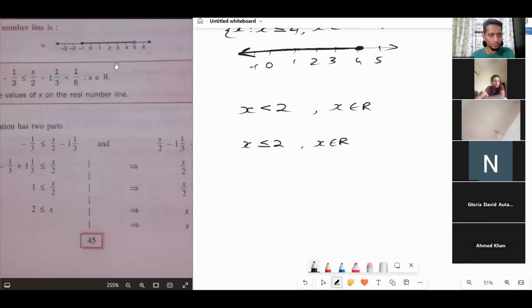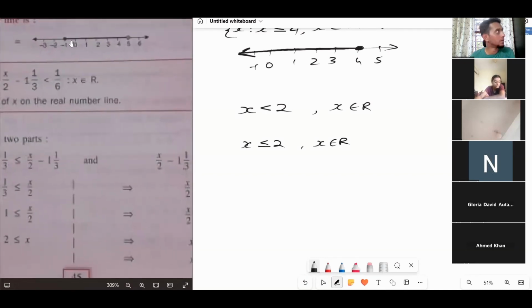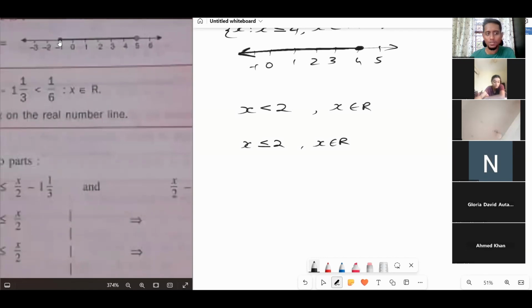Okay, here. Look at this and tell me. It's not very clear, but -1 has a black dot and 5 has a white dot. So how would you represent this? This has a starting and ending, no? So you have to put both the numbers with x in the middle. One number here, other number here. So where is it starting?